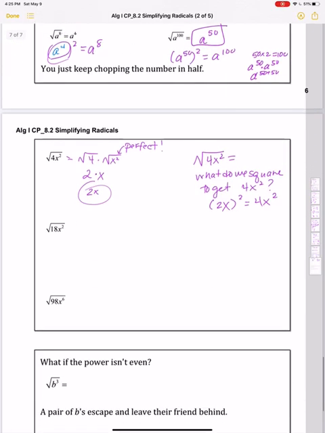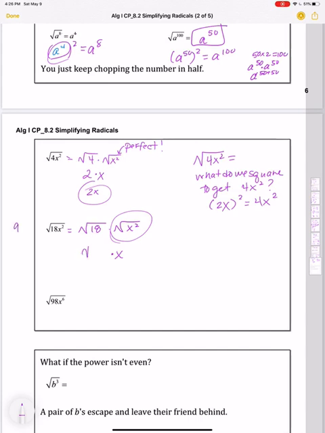The square root of 18x squared. Well, again, we can do this, 18 and x squared, because they're being multiplied inside the radical. I know this one right here, that's x, perfect square. Now, let's deal with this. Remember, we ask ourselves, what perfect square goes into that number? 9 goes into that.